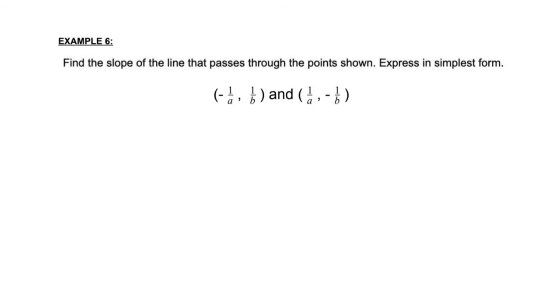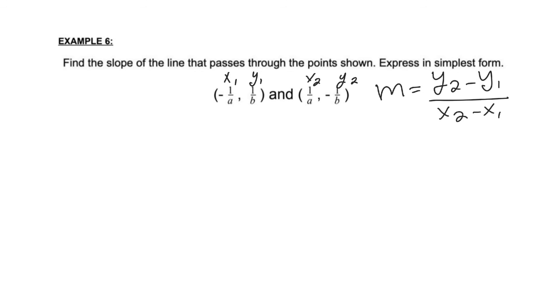So number 6, it says find the slope of the line that passes through the points shown, expressed in simplest form. So for this one, you need to know the slope formula, right? So slope, or m, is the difference between the y's over the difference between the x's. Right, this is x1, y1, x2, y2. So a little bit of algebra 1 for you.